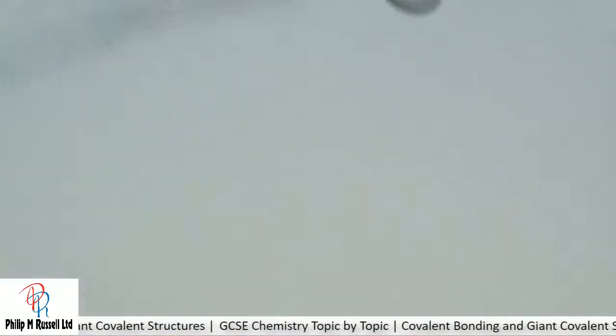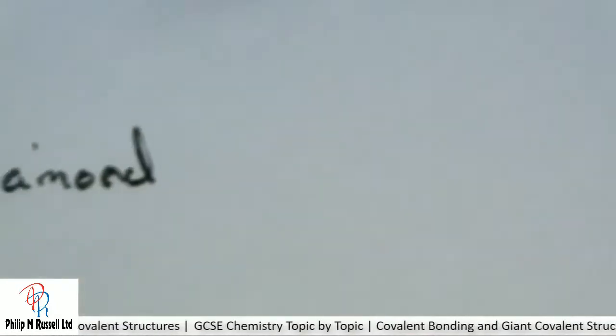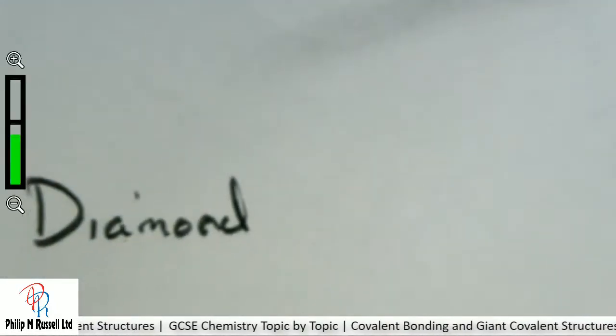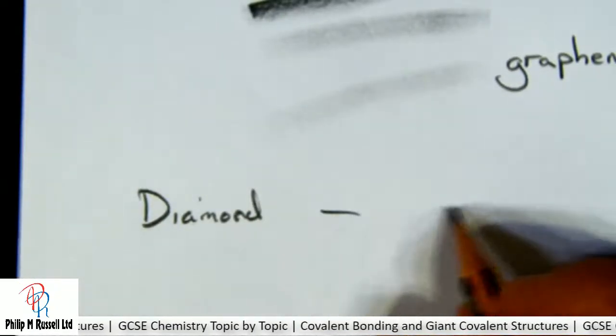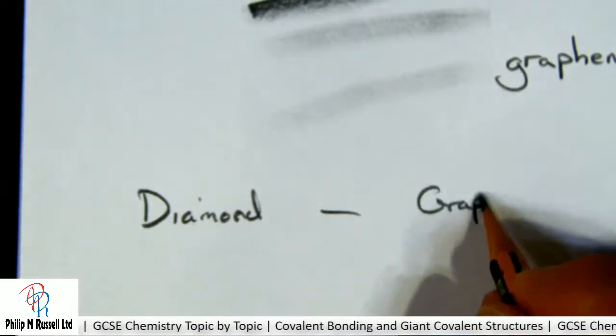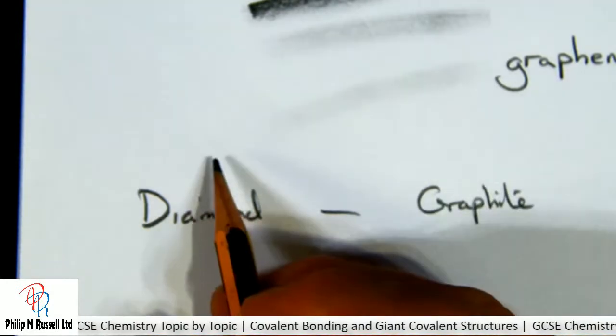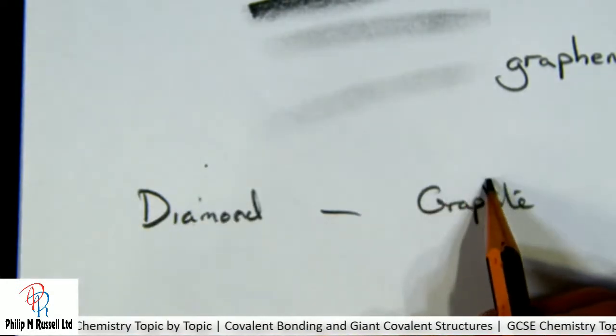So we've got diamond for one form of this. I need to zoom out. We've got diamond, we've got graphite. Diamond doesn't conduct electricity, graphite does.